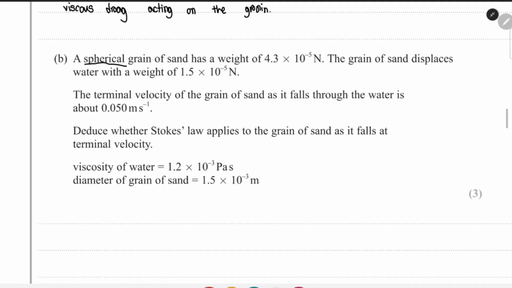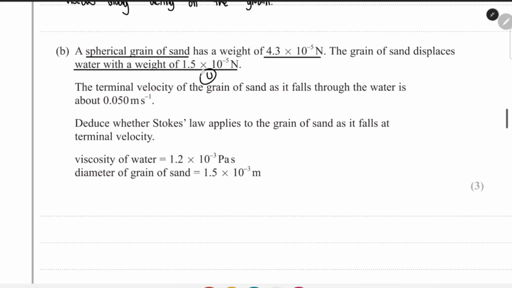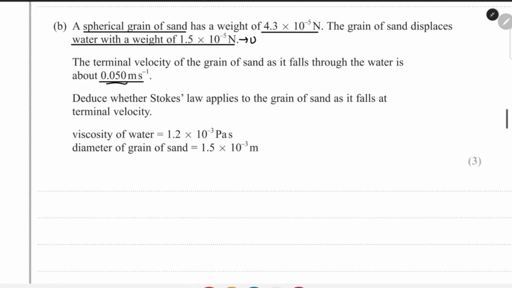Now we are given a spherical grain of sand with a weight that's given, and we are also given the amount of water that it displaces. So this is the upthrust. We are given that the terminal velocity is about 0.05 meter per second.